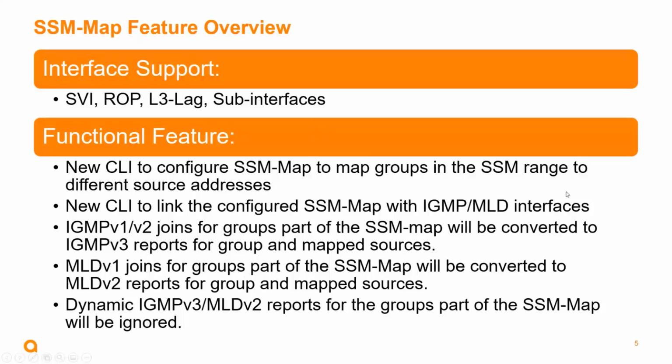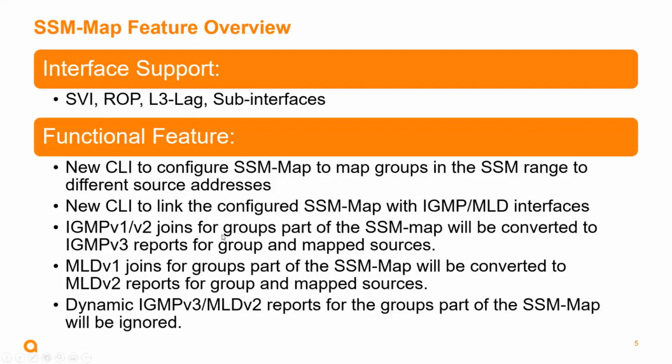After we create the ACL globally, we link that ACL with the SSM-Map to an interface. But on that interface, on the routing switch port, we still need to make sure we enable IGMP version 3, where the receivers are IGMP version 1 and 2.